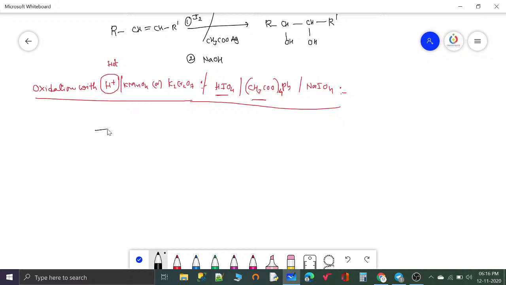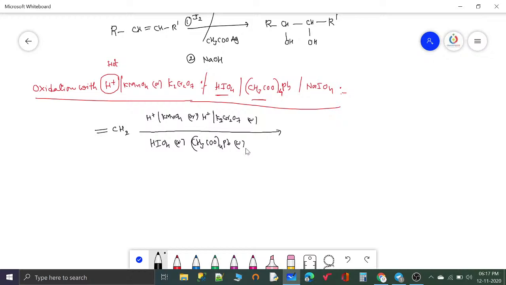If any CH2 group is present in any alkene, any of these reagents, I am going to write: H plus KMnO4, or H plus K2Cr2O7, or HIO4, or lead acetate, (CH3COO)4Pb, or NaIO4.